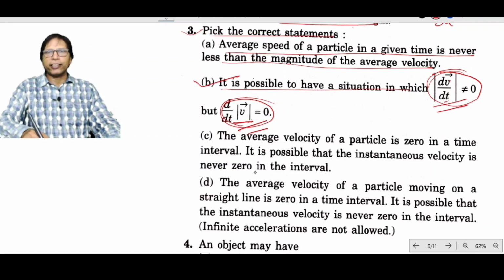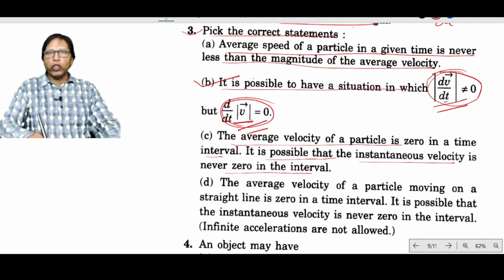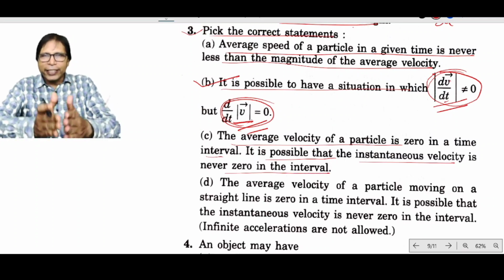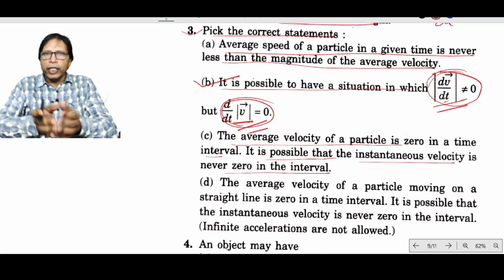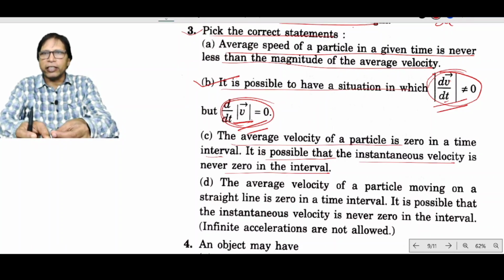So it is correct. The average velocity of a particle is 0 in a time interval. It is possible that the instantaneous velocity is never 0 in that interval, as instantaneous velocity is velocity at a given instant.